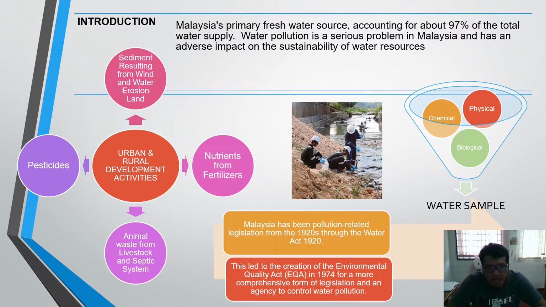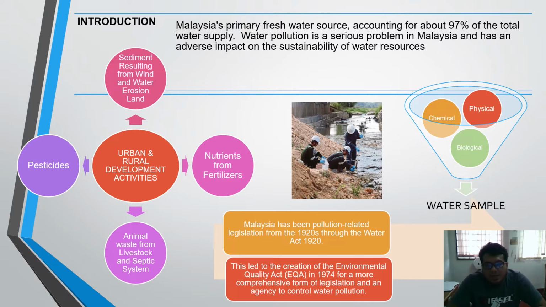Other than that, pesticide used by farmers to control bugs or problems in their farm will cause river pollution. Other than that is animal waste from livestock and septic systems.